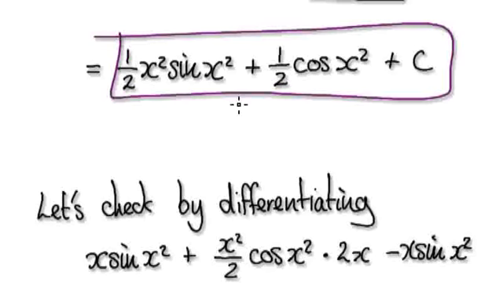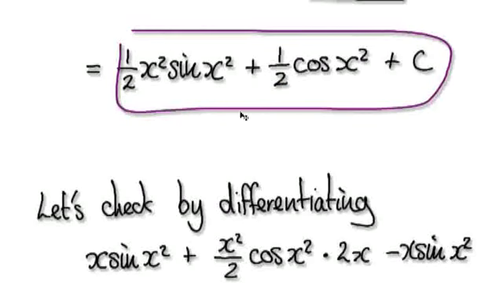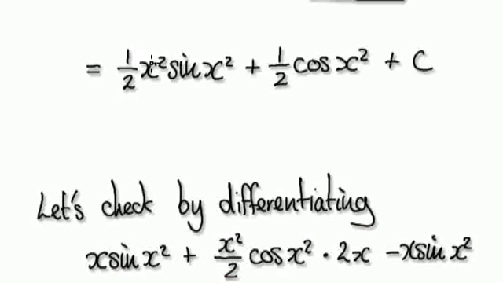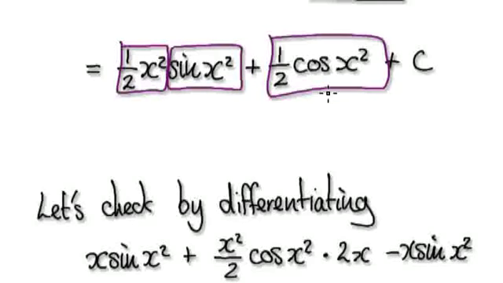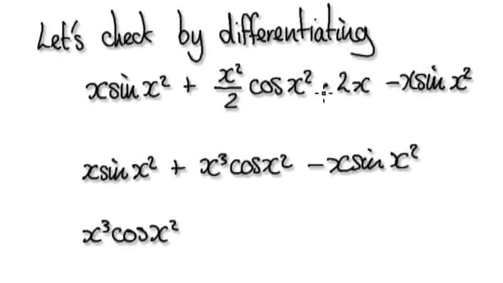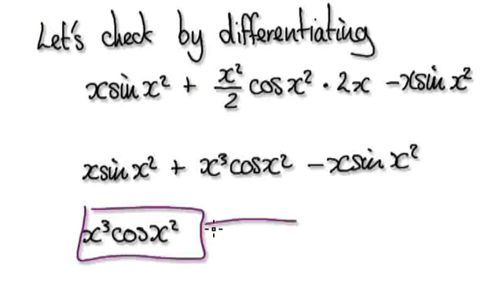So if you differentiate this whole thing here, it will give you this, because here you've got to use the product rule on this. This here should be straightforward to differentiate, and then it will give you this, which is what we had right from the start. Okay.